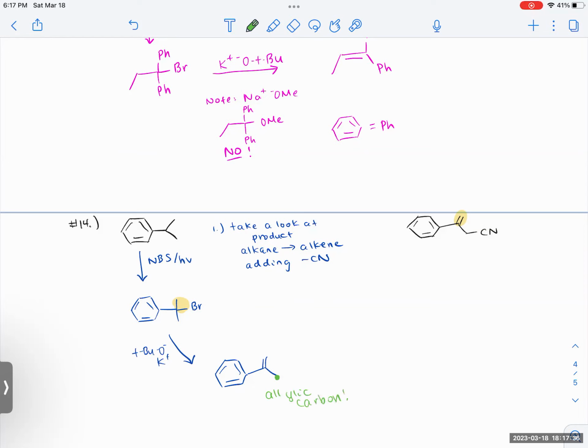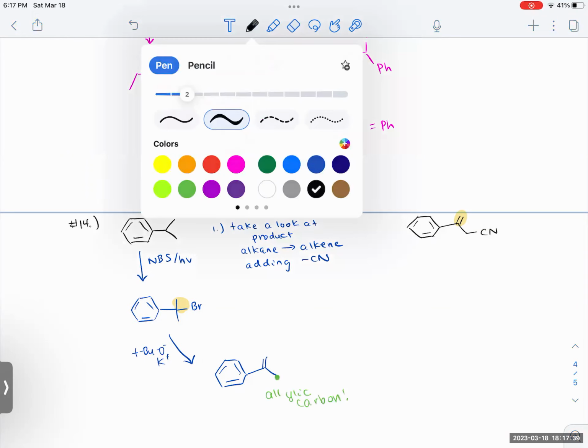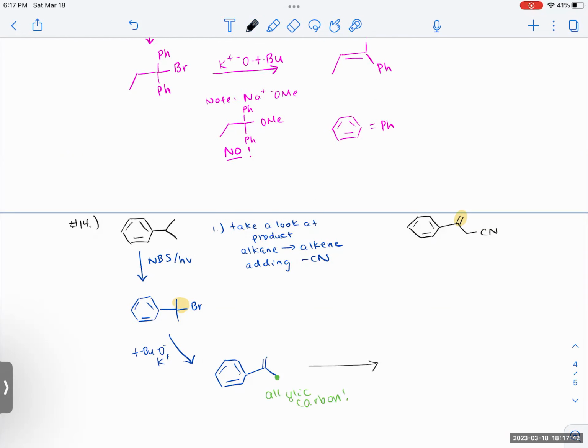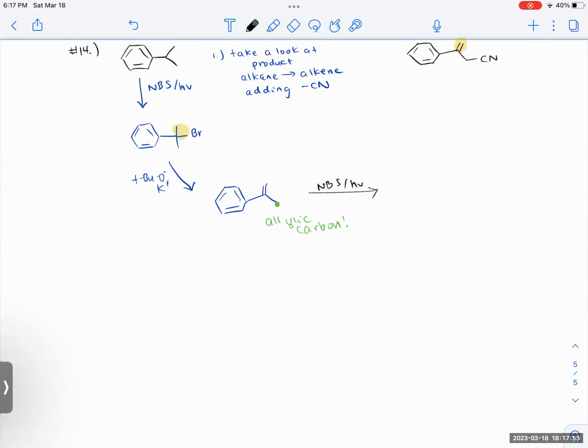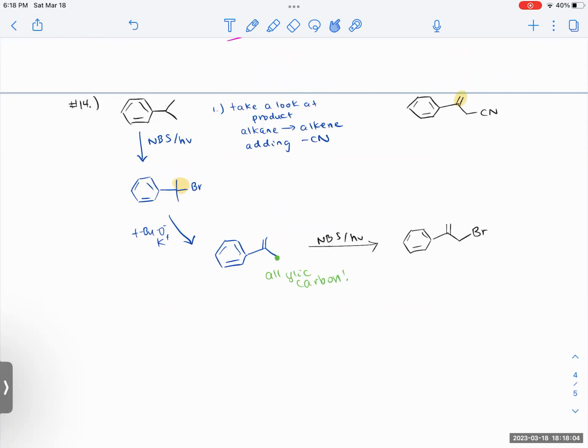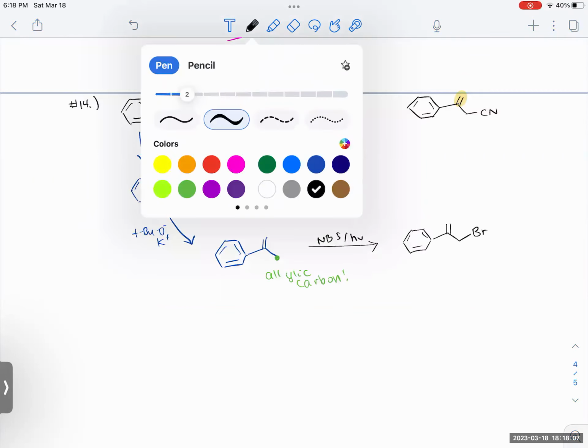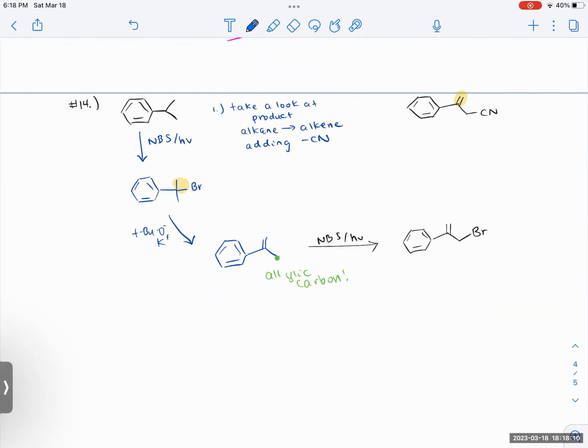That is very exciting because when we use NBS and light, that is going to add a bromine there. So now we have a bromine. And we know we can do a substitution reaction just by using cyanide.